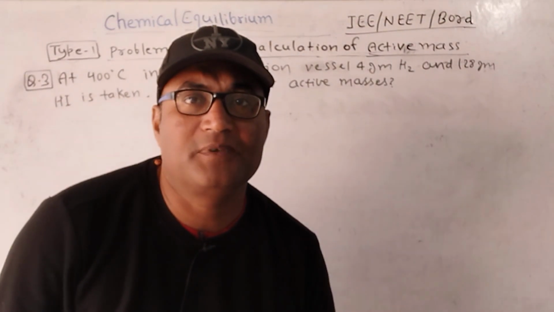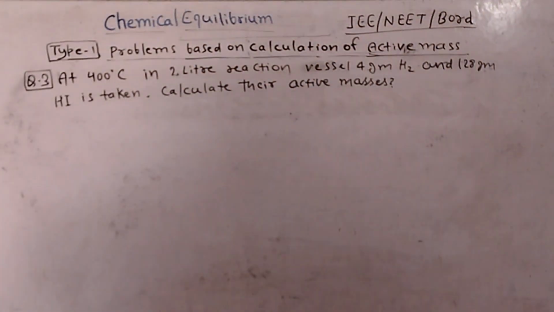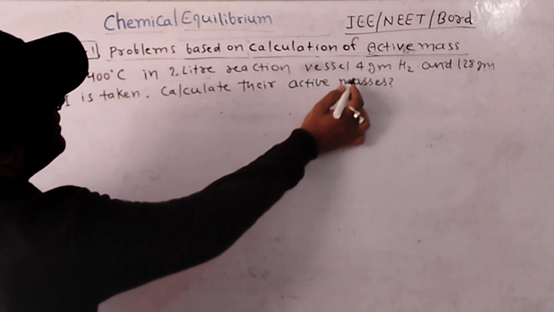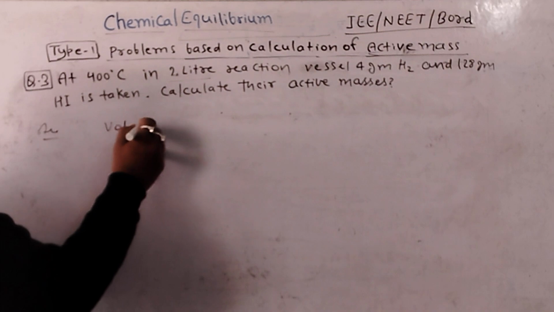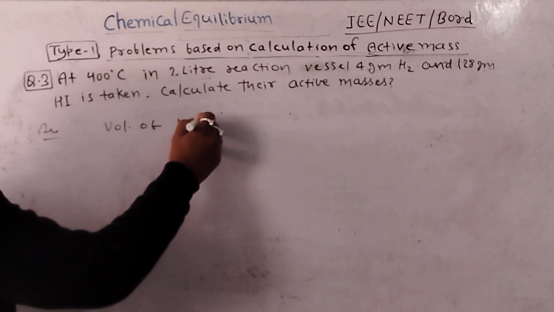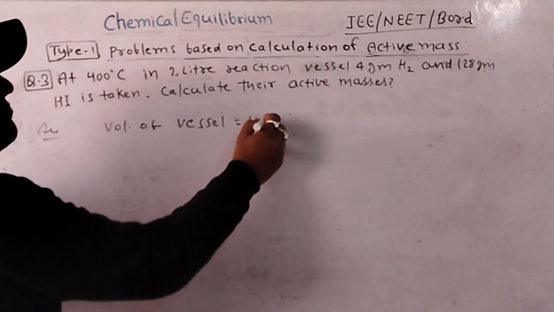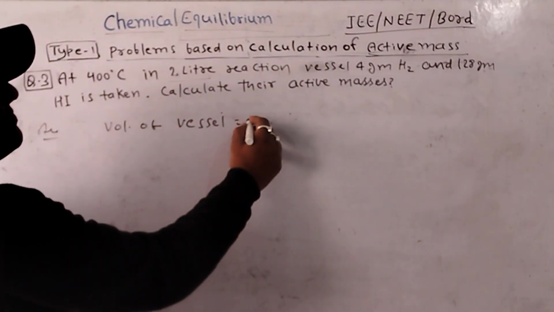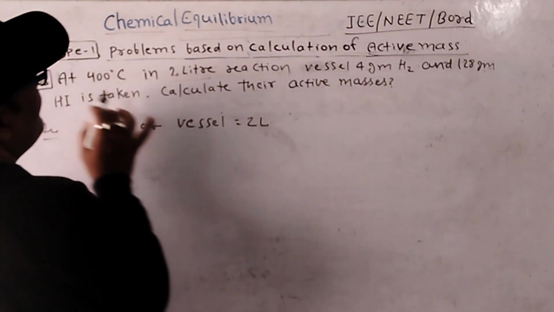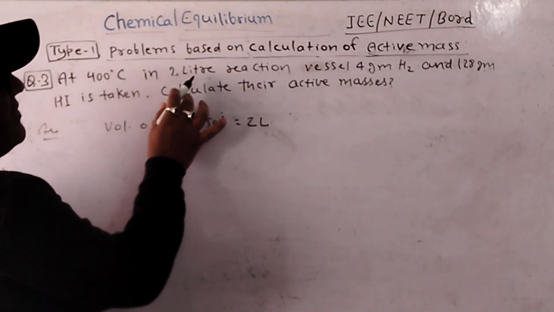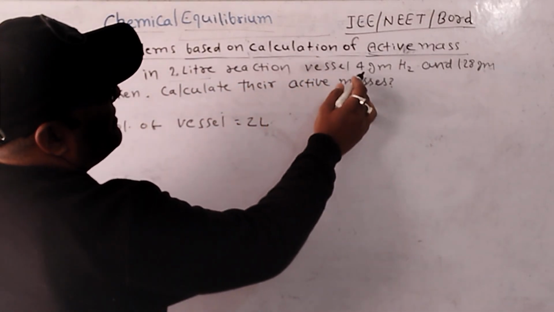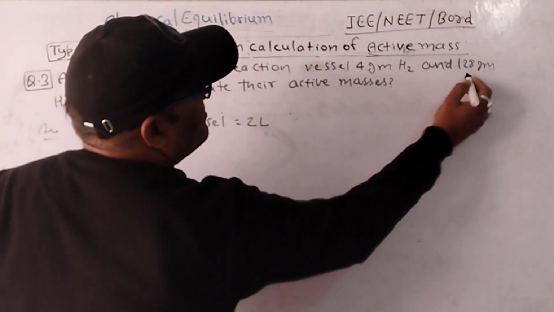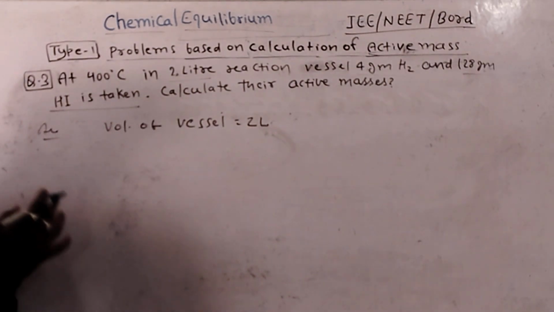Now question number 3 is also based on the calculation of active mass. According to the question, at 400 degrees C in a 2 liter reaction vessel, the volume of the vessel is 2 liter. 4 gram of H2 and 128 gram of hydrogen iodide are taken.